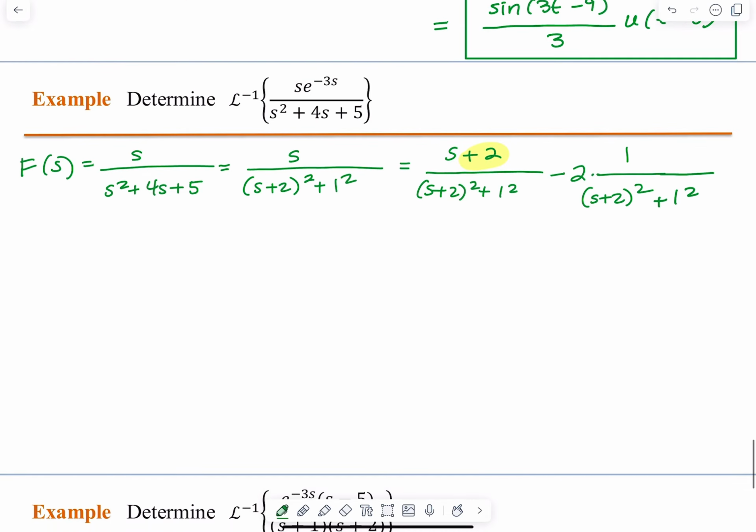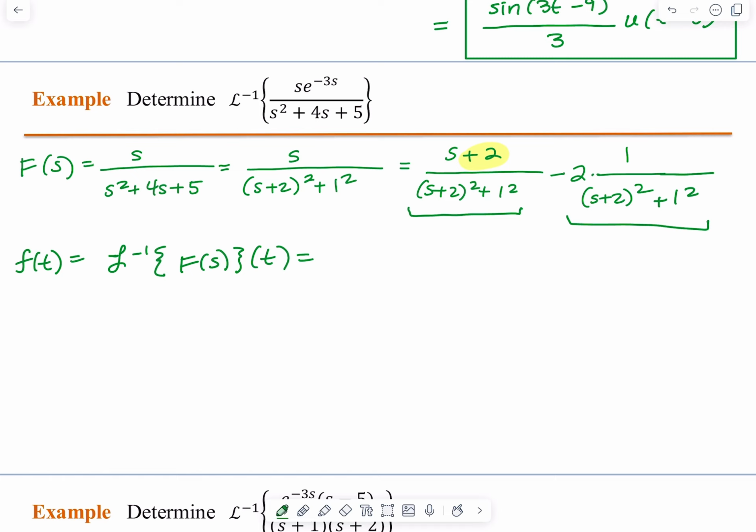Okay, so what can we say now? We can say, looking at that form, f of t is equal to the inverse transform of F of s of t, and if we take a good look over here, you're going to see that a is equal to negative 2, and b is equal to 1.